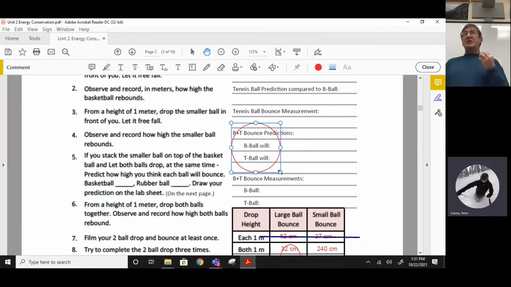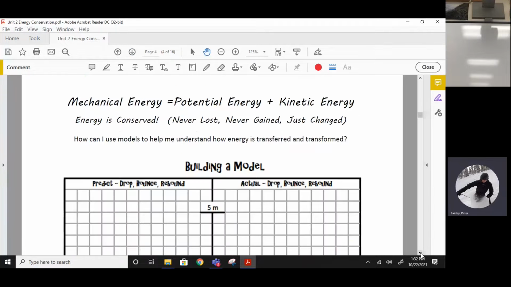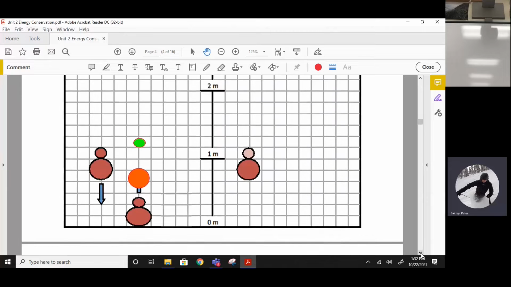It just is asking you to think about what you expect to have happen. And then we can make a nice comparison. In fact, I kind of like it when people have an incorrect prediction, because then it makes it really obvious that they learned something. But at any rate, whatever your prediction is on this page, it should match this first diagram that we've been working on here. Now, I didn't predict that the tennis ball was going to go very high.